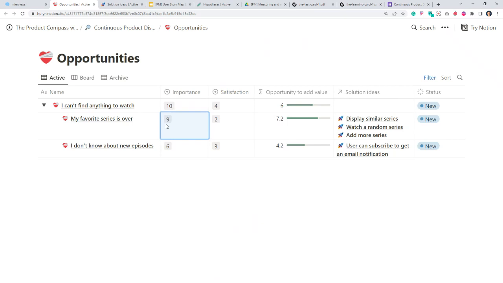So if we multiply it, 9 multiplied by 10 minus 2, which equals 8, so we have 72, but I normalized everything to 10, so it's 7.2. And it means that it is an important problem. Customers are not satisfied, so there is a huge opportunity to add value by solving this problem.